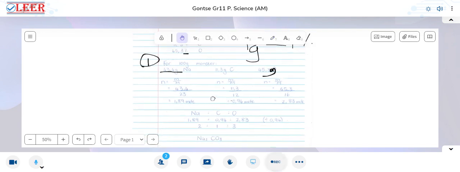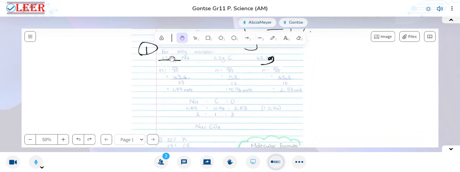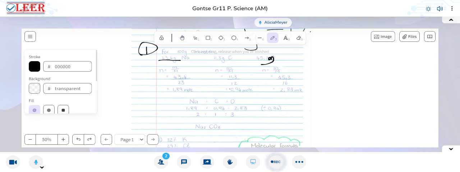Okay. Then I go and say, remember, n is calculating my moles. Small m is the mass that the question gives me, which is going to be these masses, divided by big M, which is molar mass. Molar mass I get from my periodic table. Are you with me? Okay. Then I do n is equal to m over M for all of those.